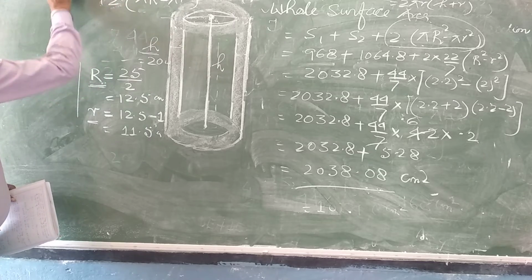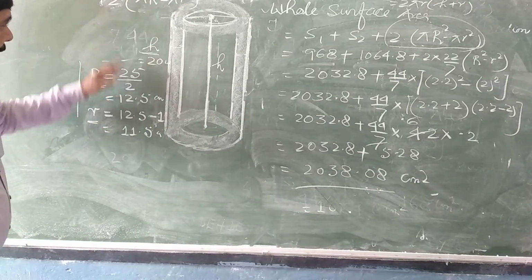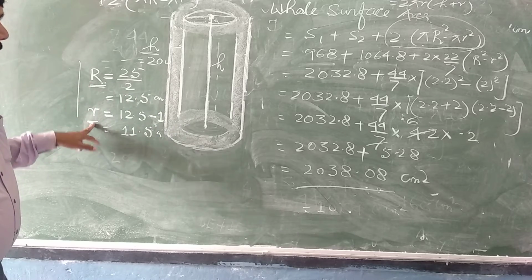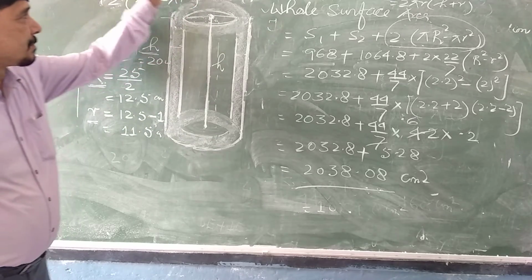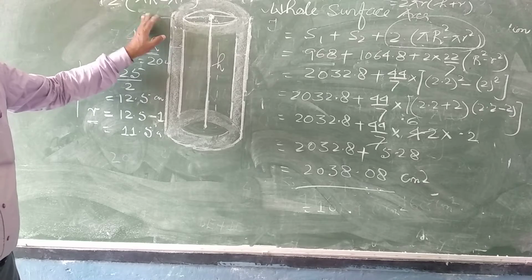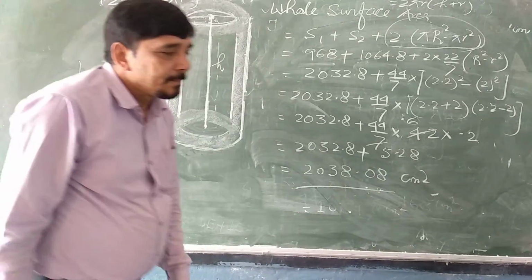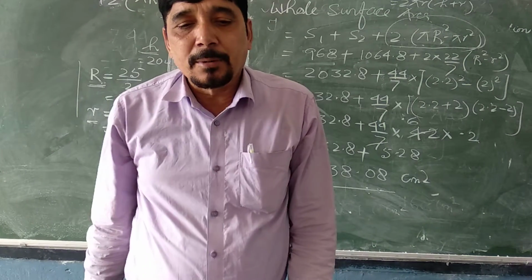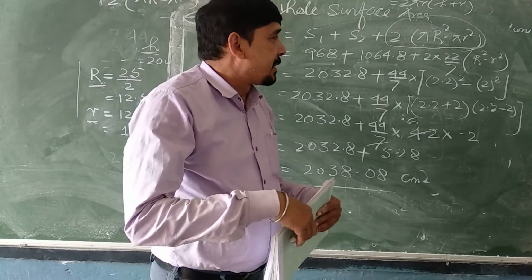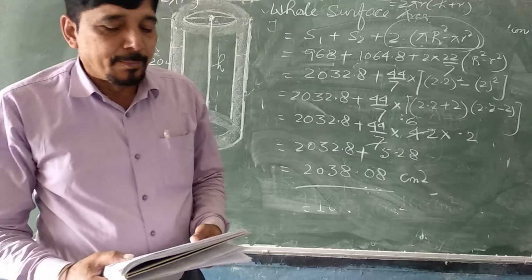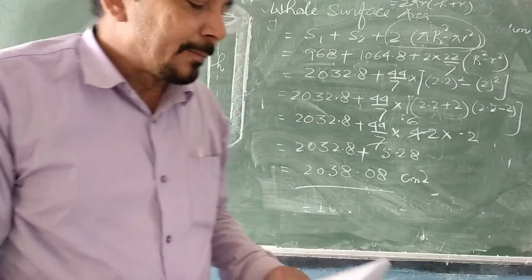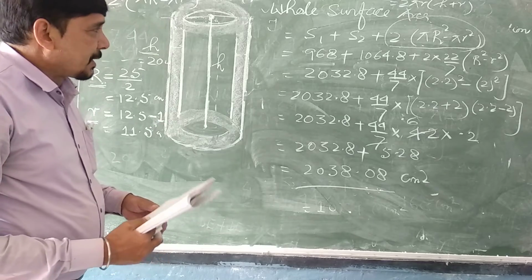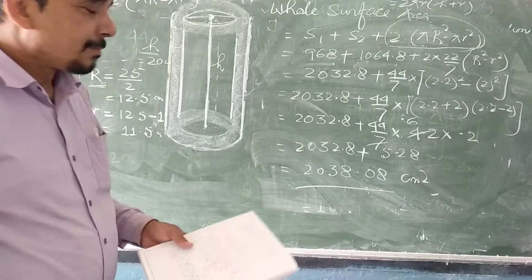Put the values of h, R, and r in this relation and we will get the whole surface area of the cylindrical pipe.